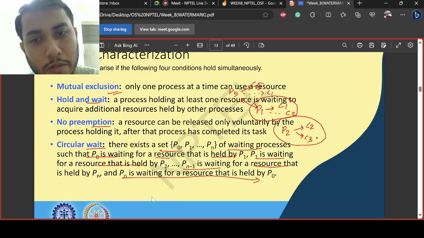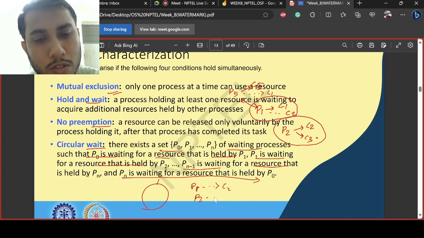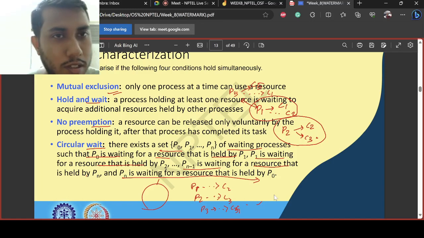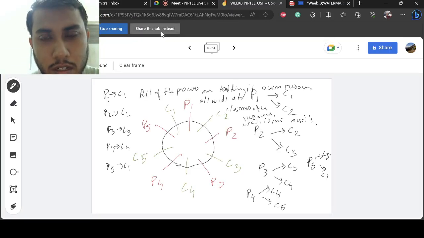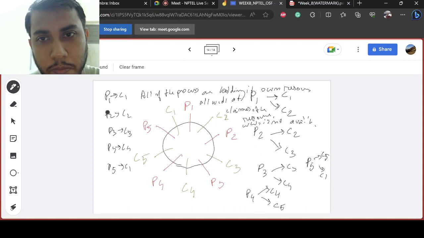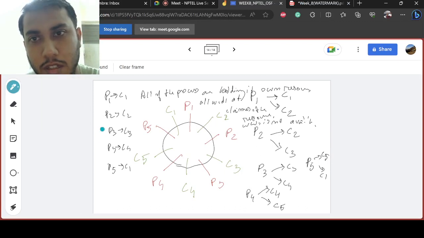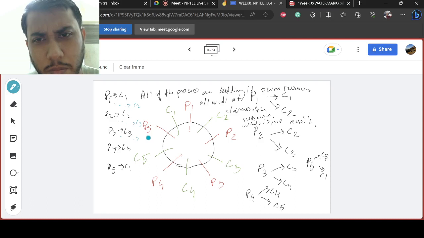Basically it is a circular wait, where in the dining philosophers problem P1 was waiting for C2, P2 was waiting for C3, P3 was waiting for C4, and so on.